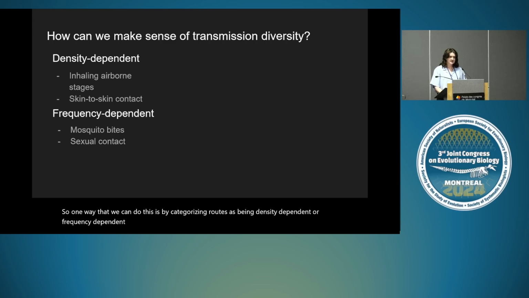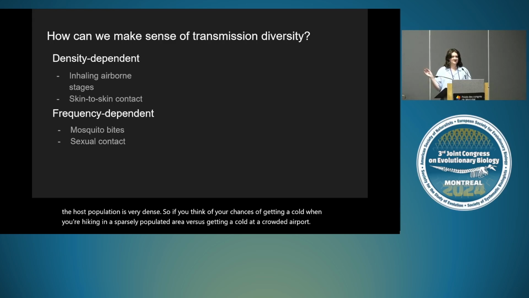So density dependent routes are those that increase transmission when the host population is very dense. So if you think of your chances of getting a cold when you're hiking in a sparsely populated area versus getting a cold at a crowded airport, that's sort of the prototypical example of a density-dependent transmission route.